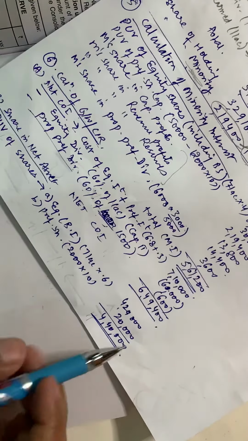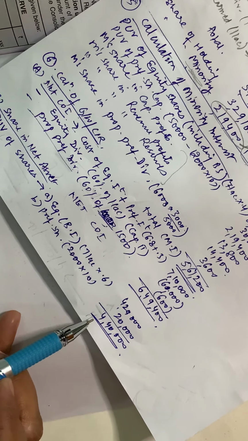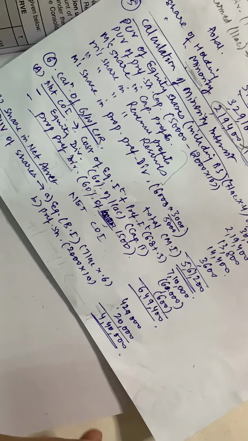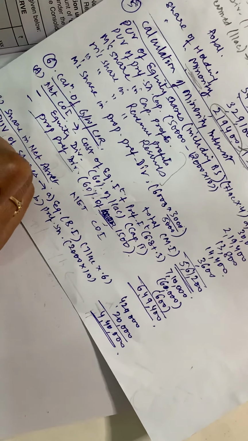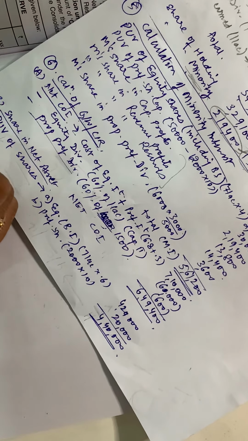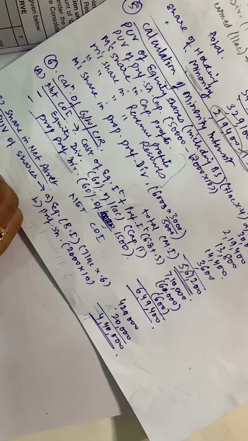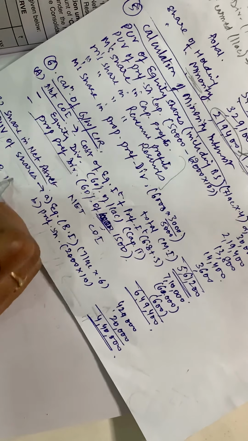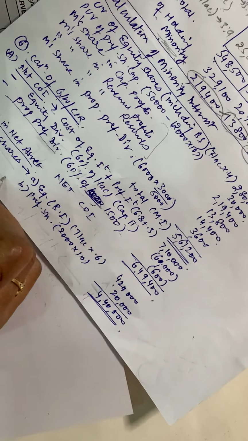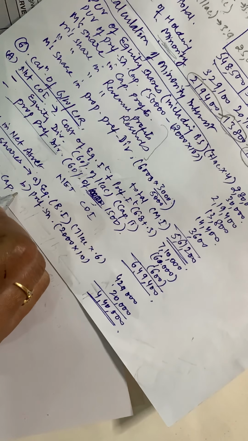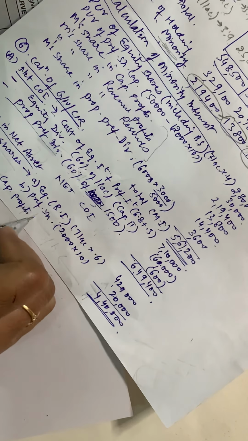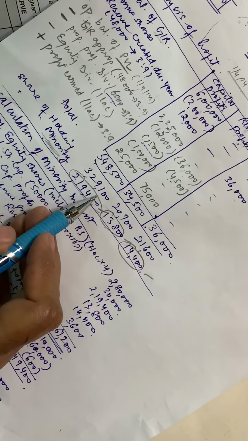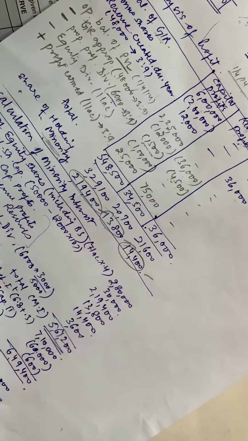So costing is more than what I have received. Okay? I have missed out one more thing. You are also supposed to come up with the share of H in capital profits. And what is that? 32,900, sorry, 3,29,100.